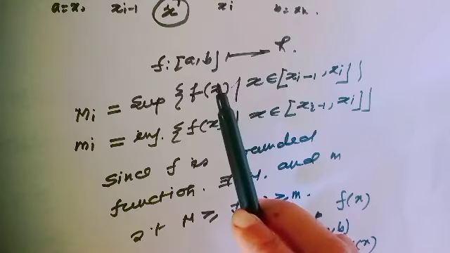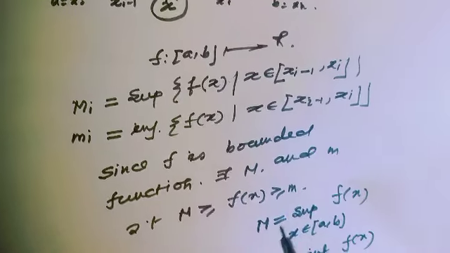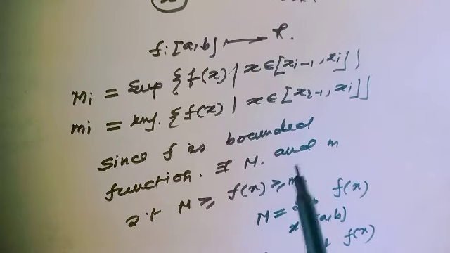Here, since the function is defined from the closed interval ab to R, obviously this function is a bounded function.